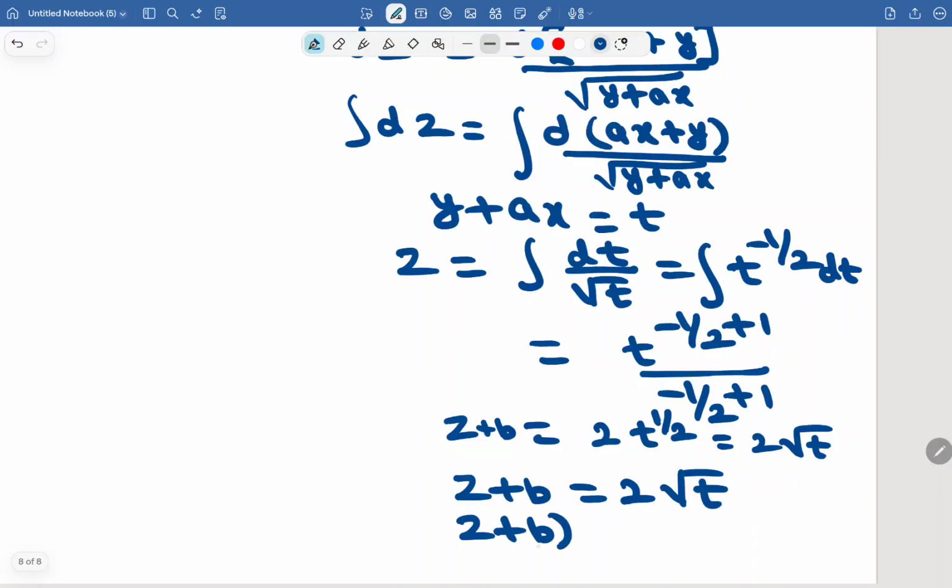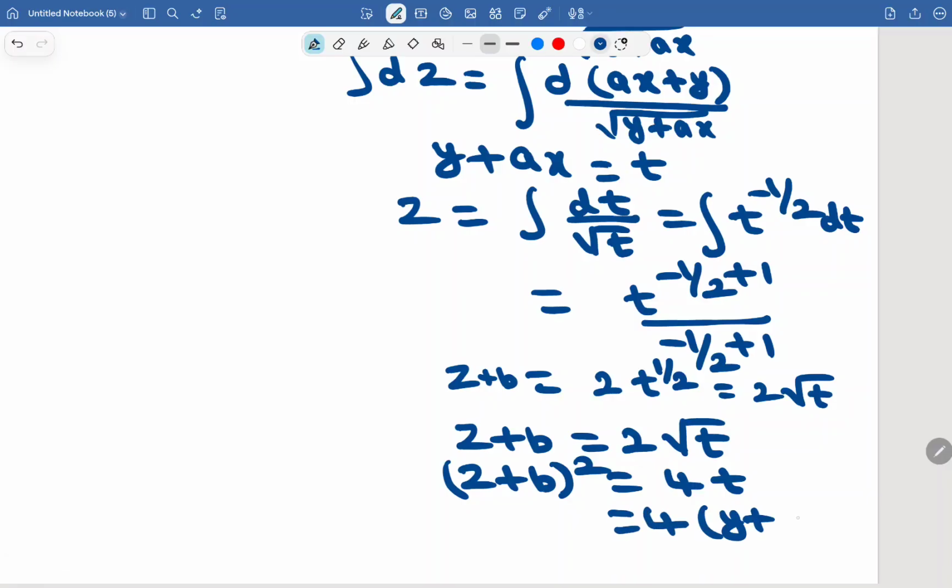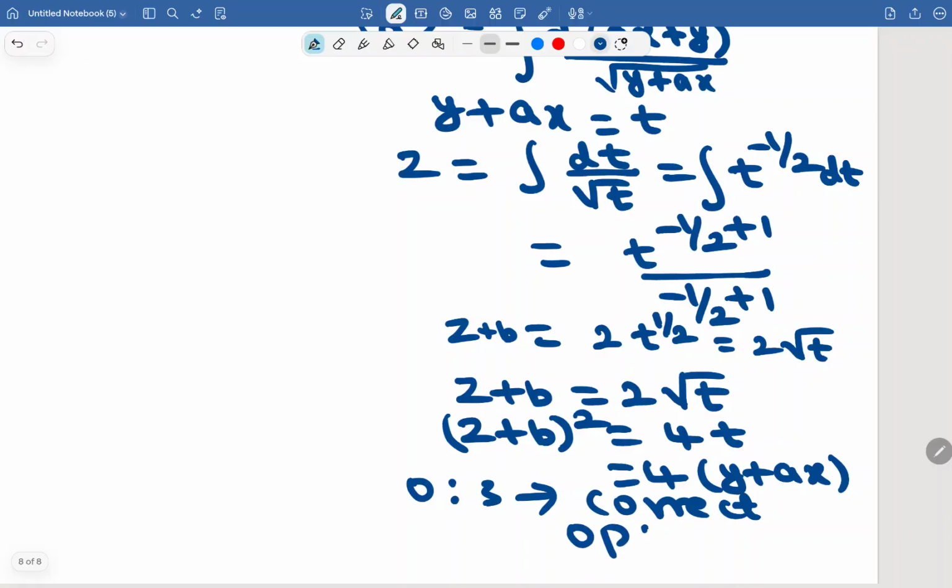Z plus b whole square equal to 4 times t, which is 4 times y plus ax. So four times y plus ax equal to z plus b whole square. Option 3 is the correct option.